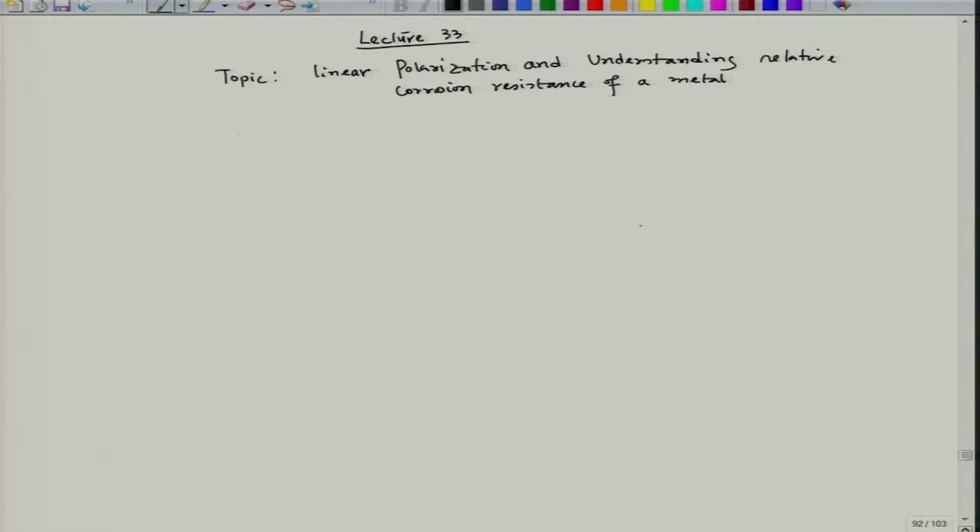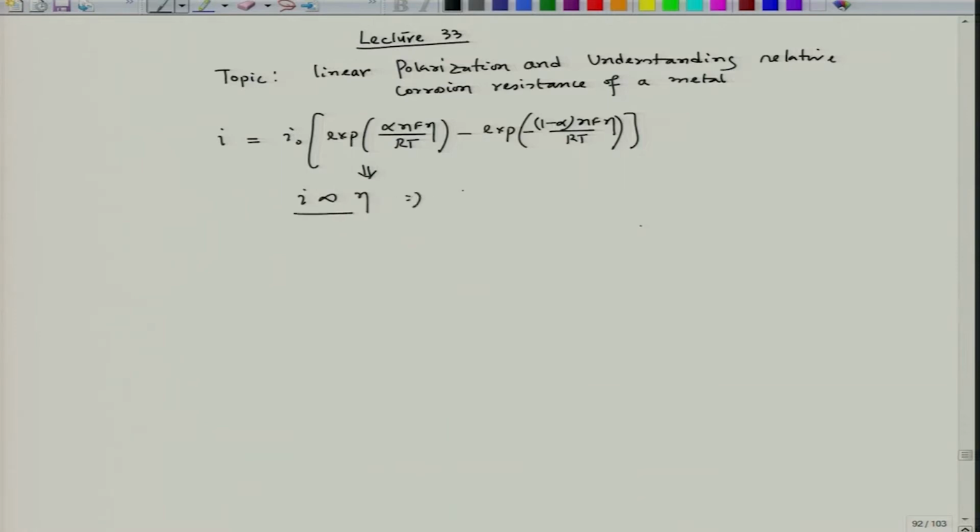So, now we started with this Butler-Volmer equation, I 0 exponential alpha n F eta by R T. This was the equation we started with, and then finally we have achieved this relation where I can be written as n F by R T times I 0 times eta.